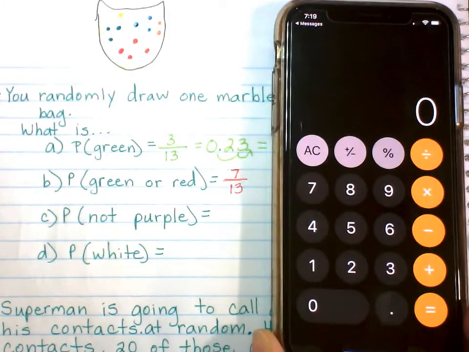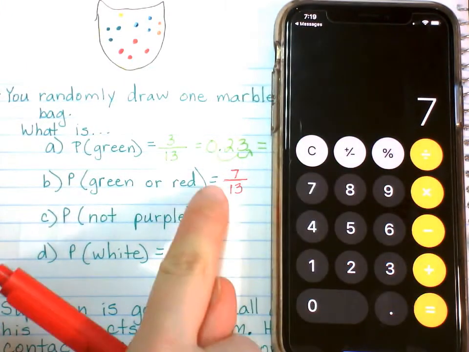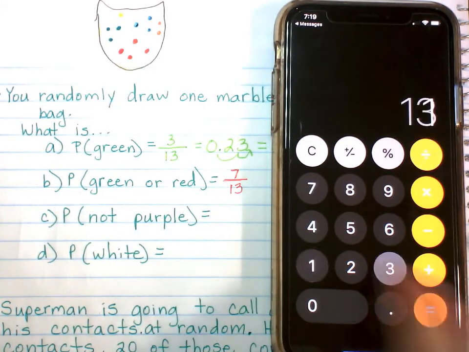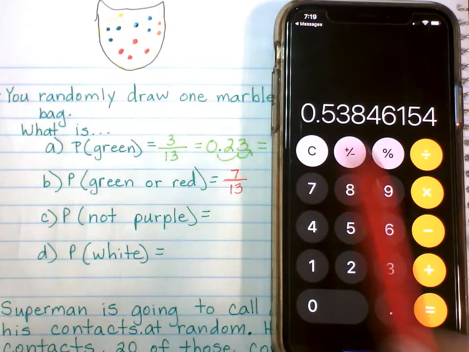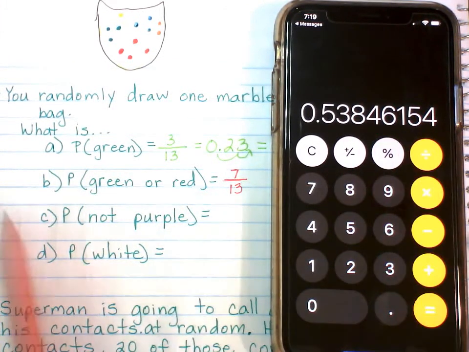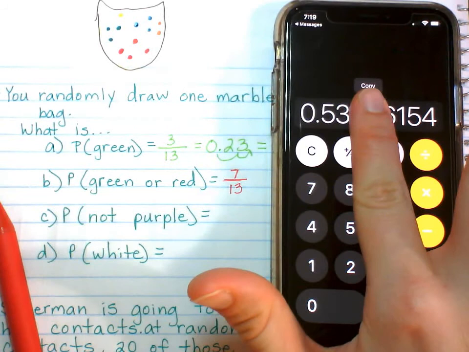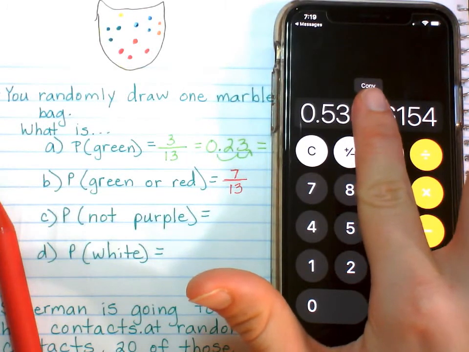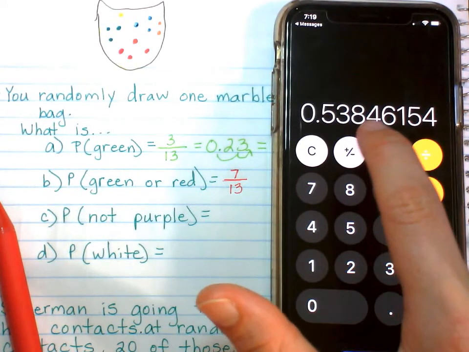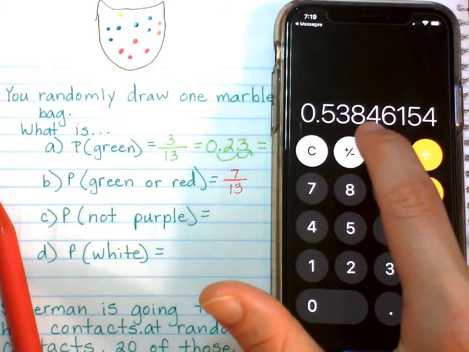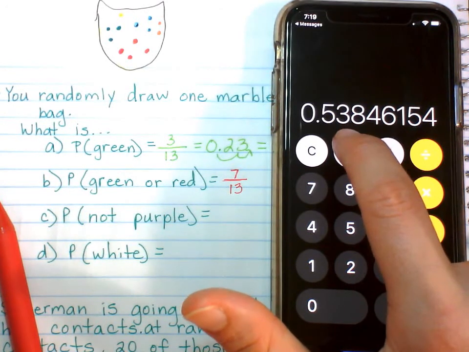If you want to change it to a decimal, 7 divided by 13, 0.53. So it goes on. So round it to 2 decimal places. Is it 0.53? Well, look at the next number. It's an 8. That 8 is 5 or higher, so that bumps it up. That bumps the 3 up to a 4.